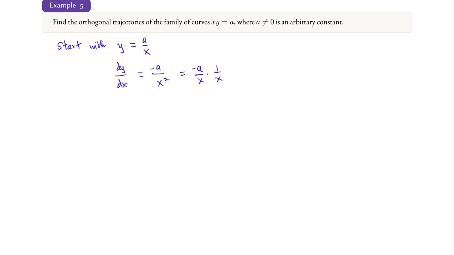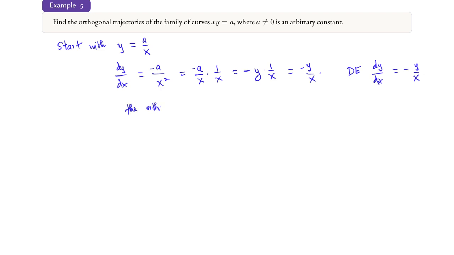The derivative is negative a over x squared, which we can separate and write as negative a over x times 1 over x, which is negative y times 1 over x, or negative y over x. We know that this is the differential equation, dy dx equals negative y over x.